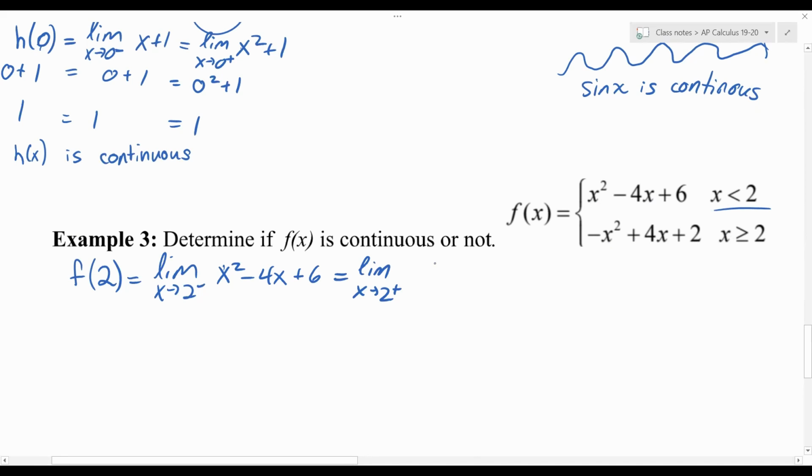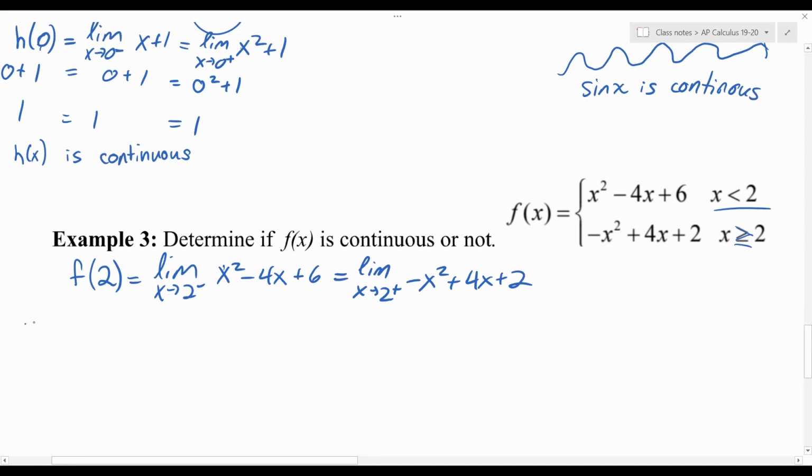So we're going to use our bottom part. So let's plug in. If we plug in 2 to our function, are we going to use the top or the bottom? We're going to use the bottom because we have greater than or equal to. So if we have or equal to 2, then we're going to use this part.